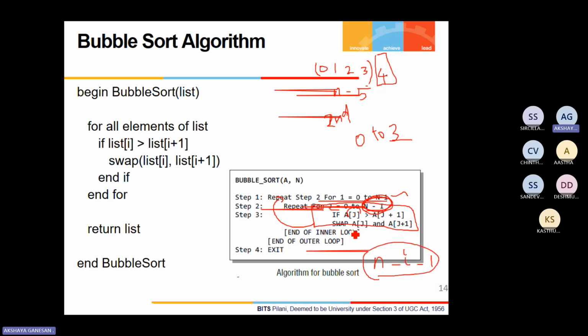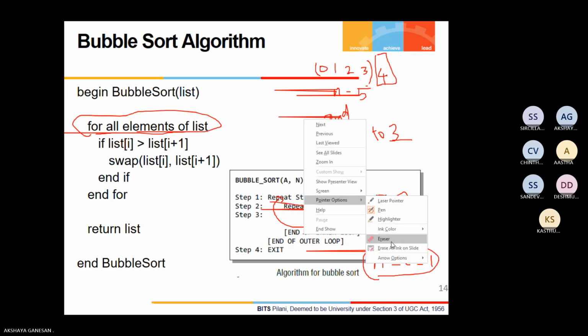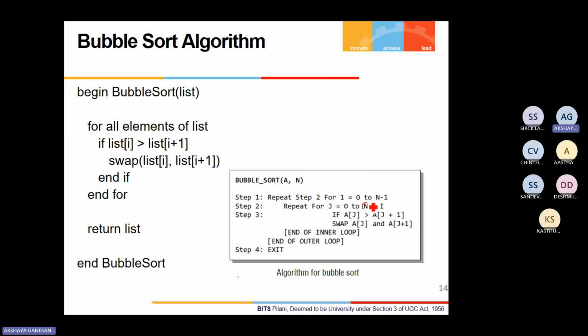So this should not run for all elements of the list every time. This value should be n minus i minus 1, or whatever is the index here.